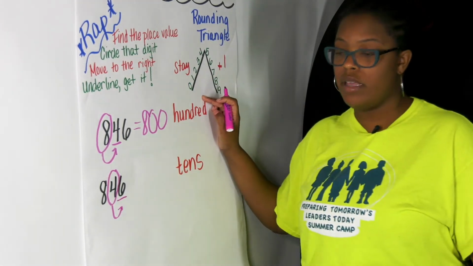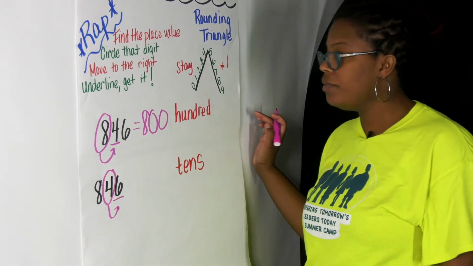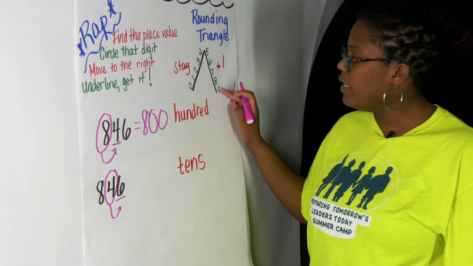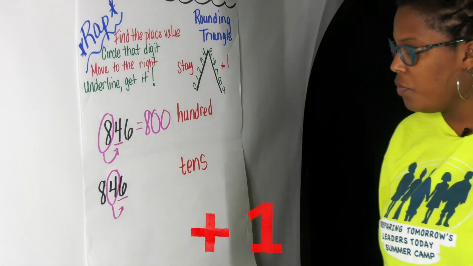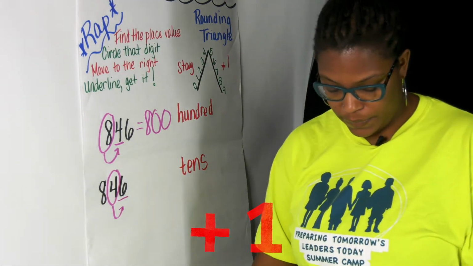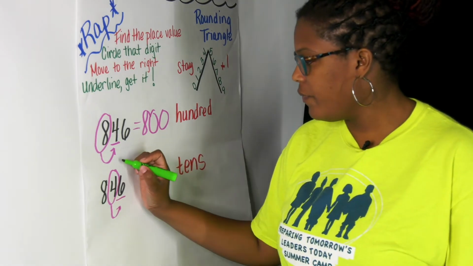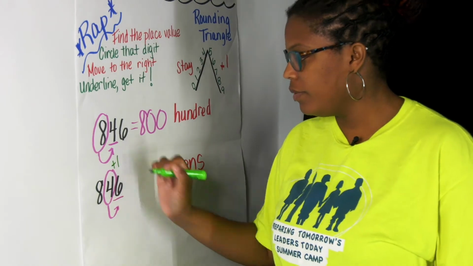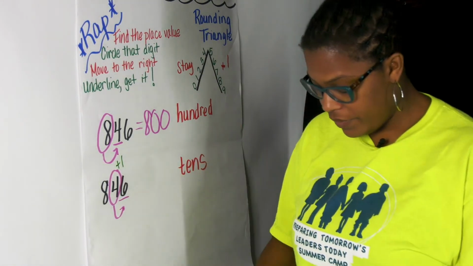Our rounding triangle. So what does the 6 tell me to do to this 4? The 6 is on the right side of the rounding triangle, so it tells us to add 1. We're adding 1 to the circled digit, and our circled digit was 4, so we're going to add 1. And what is 4 plus 1? 5.